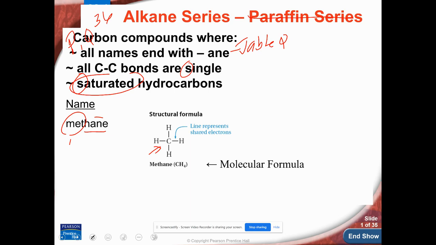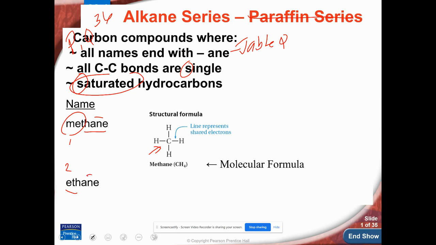Then we have a molecular formula. Remember from when we did formulas, the molecular formula tells you exactly how many of each element there are. So there's 1 carbon to 4 hydrogens, a 1 to 4 ratio. Now we have ethane. The prefix eth means 2, and the ane means single bonds.